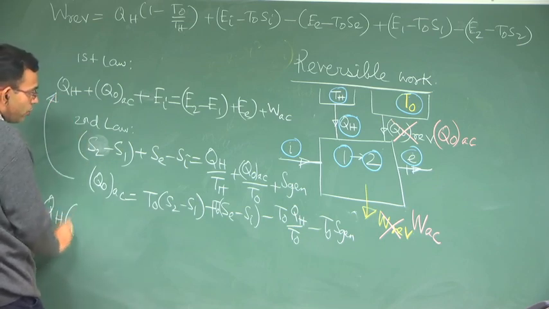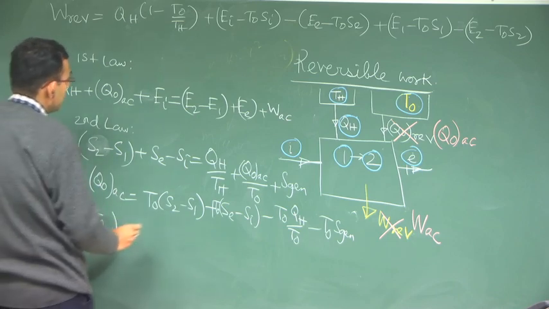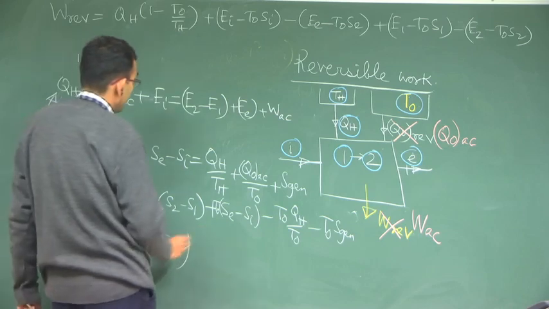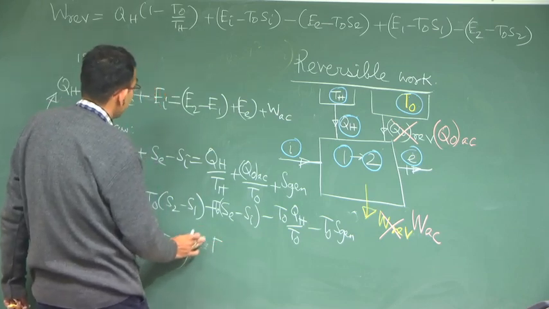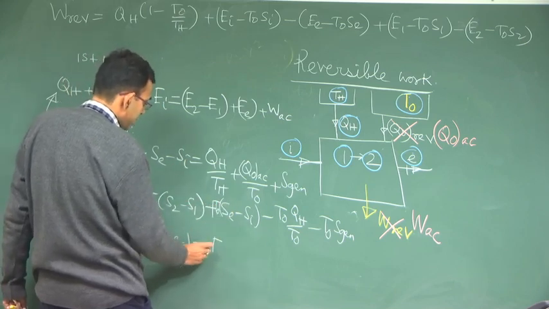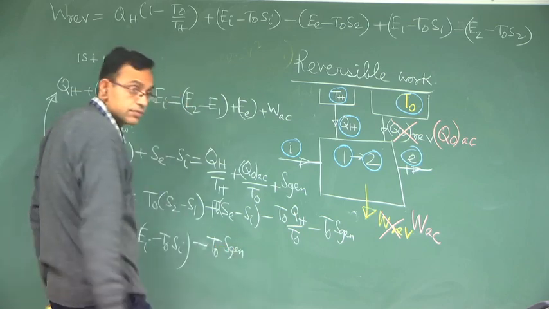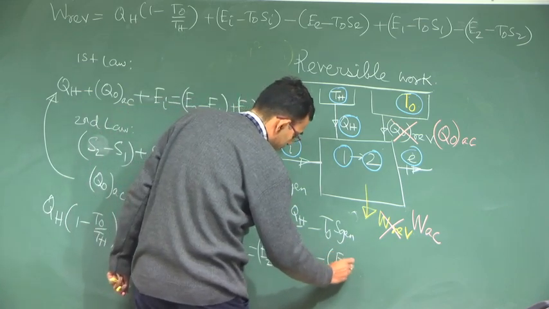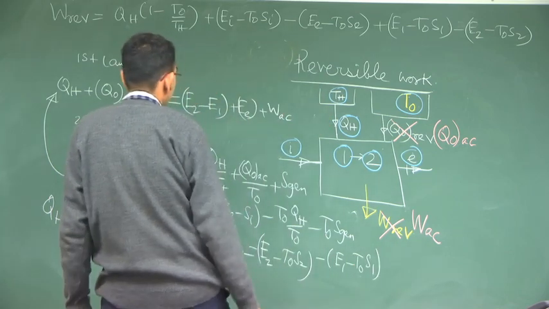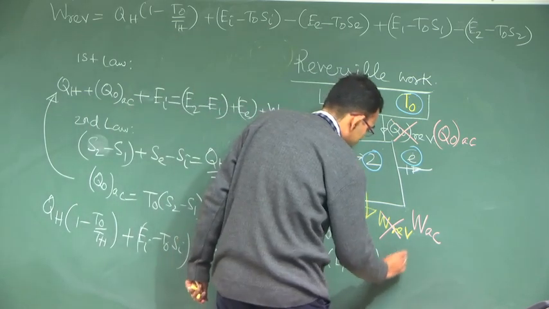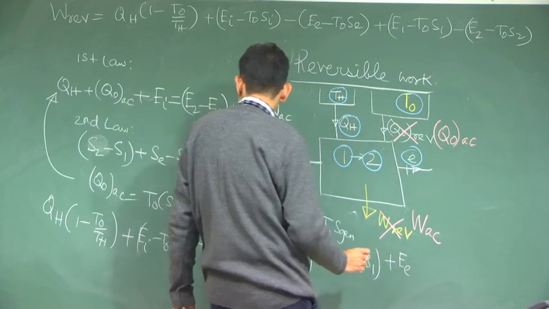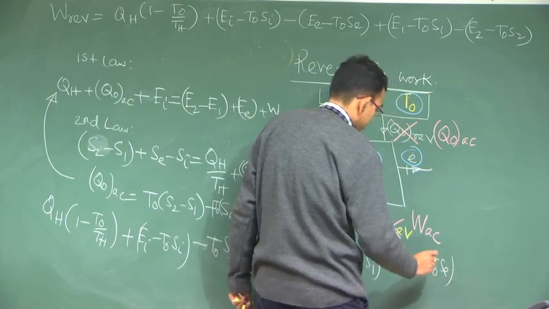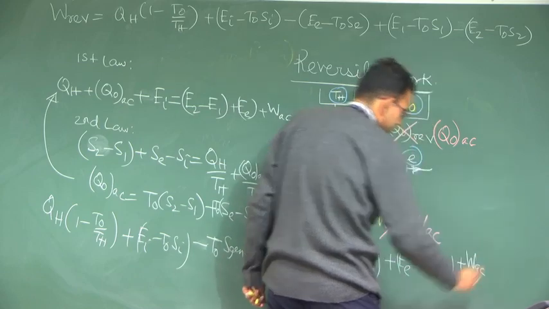So, QH into 1 minus T0 by TH plus EI minus T0 SI minus T0 S gen, right, is equal to E2 minus T0 S2 minus E1 minus T0 S1, okay, plus EE minus T0 SE plus W actual, right.